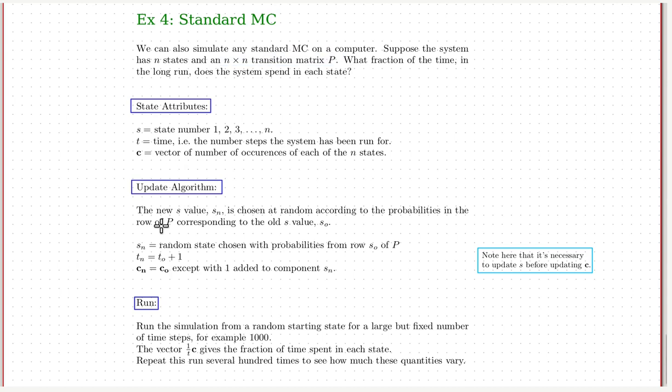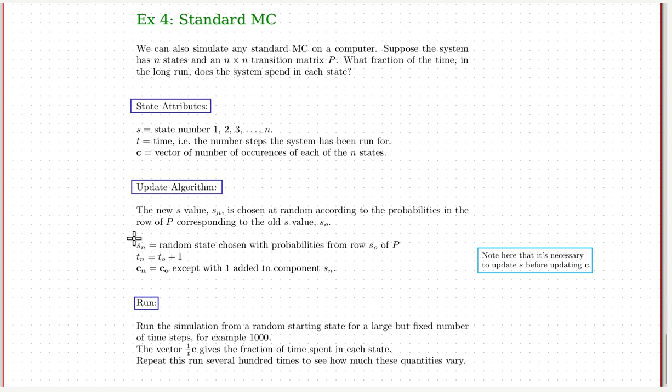So in order to generate a new value for S, a new state, we will look at what the old state was, S old, and we will look at the row of P corresponding to S old. We'll use the probabilities in that row of P in order to pick a random value for S new, which will be the new state of the Markov chain.